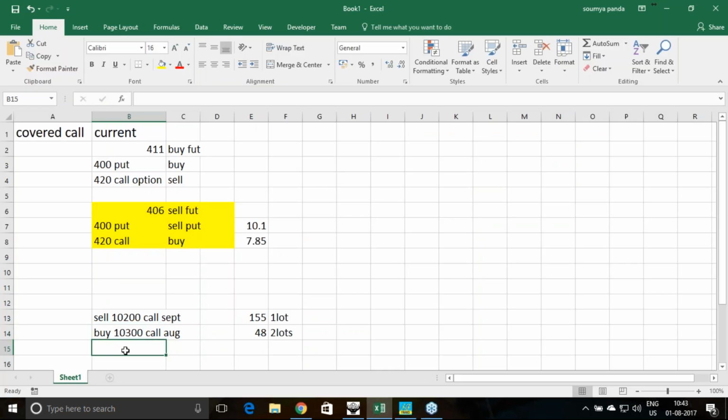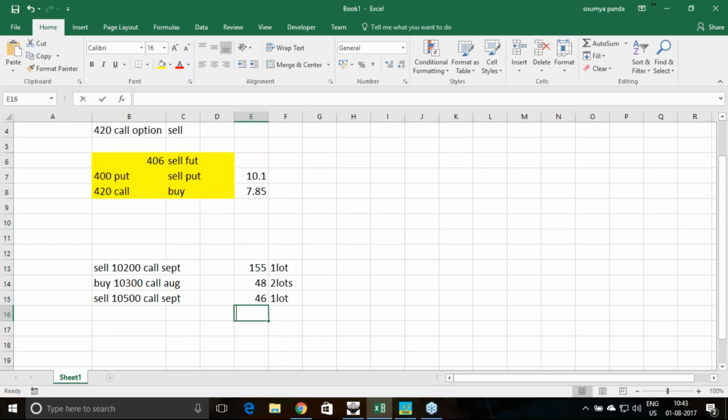So I am selling a 10,500 call September at 46 rupees, that too 1 lot. So what happened here, I have formed 2 cross calendar strategies. 155 credit I got, 46 credit I got. So net 201 points I have got as credit.